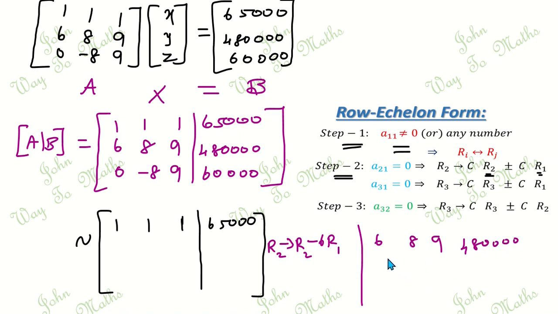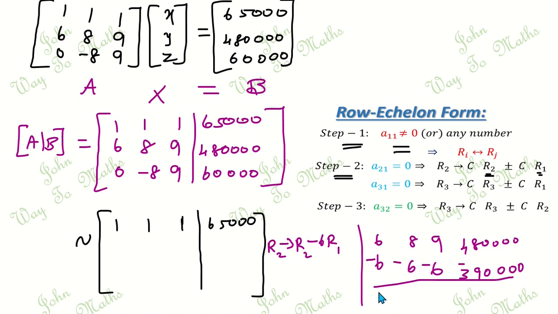Then R1 multiplied by 6, we get 6 6 and 6 65,000 multiplied by 6 we get 3,90,000. So here I'm going to introduce minus for all.